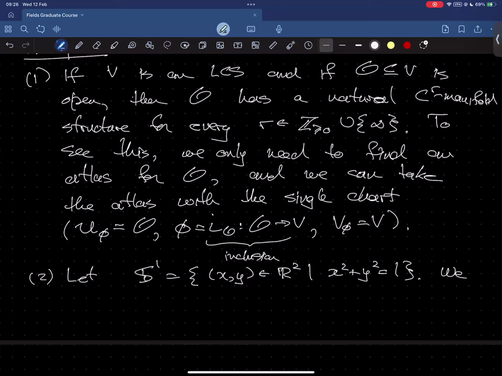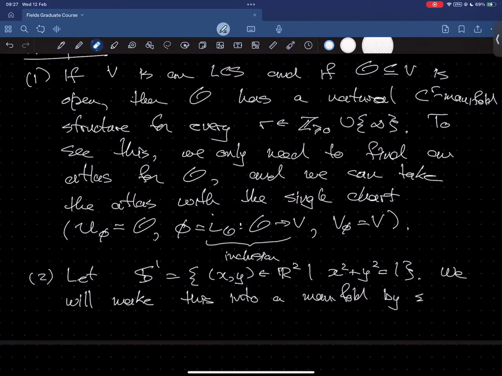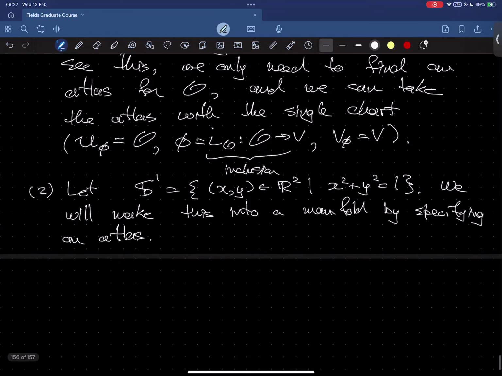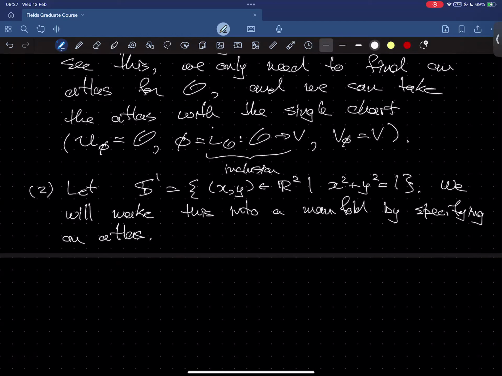Okay, so I need a collection of charts that covers S1, first of all, and then I need to verify that they're compatible with one another.